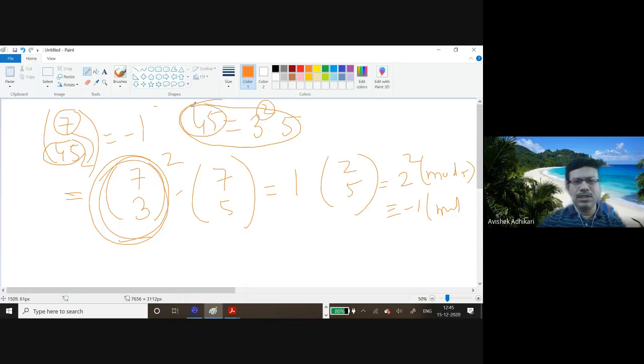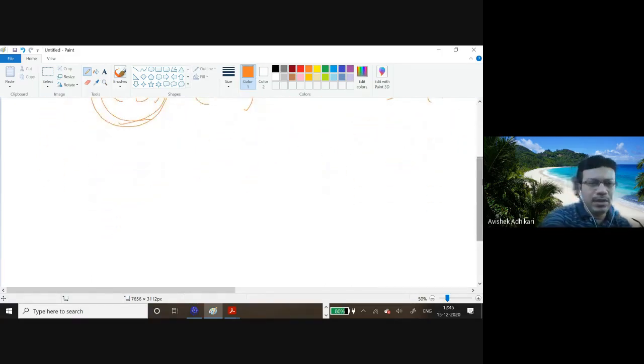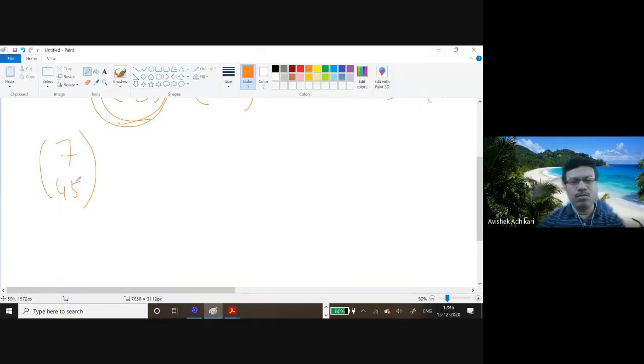But now see, if you don't know the factorization of 45, can you calculate this value? Can you please try to calculate this value without knowing the formal factorization of 45? That means I'm going to use this result. What this result says is that m and n are both odd positive integers.